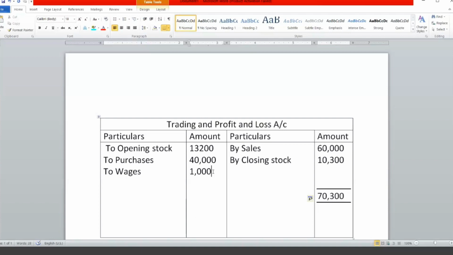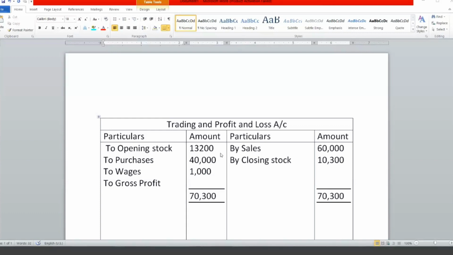Same here also, 70,300. Now is the debit side more or the credit side more? We have the credit side more. So what you got? Gross profit. What is the amount of gross profit? Now do the total of the debit side and subtract it from the credit side.